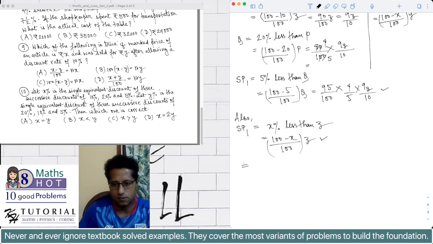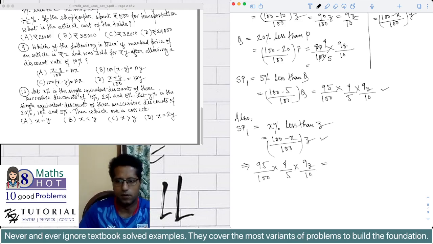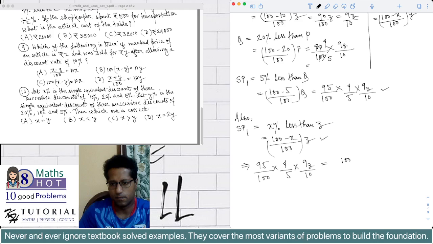This implies that 95 by 100 multiplied by 4 by 5 multiplied by 9Z by 10 is equal to (100 minus X) by 100 multiplied by Z.